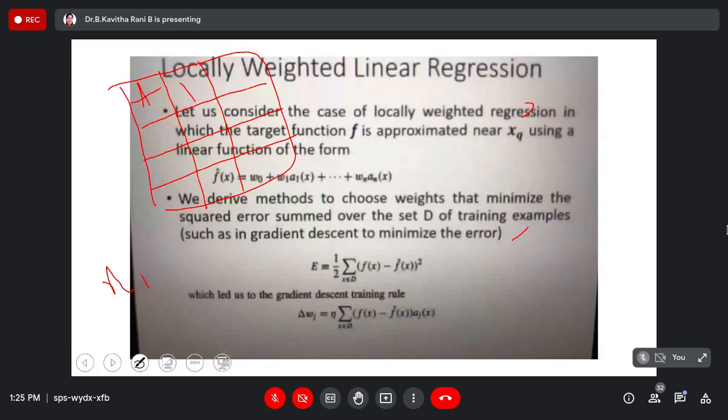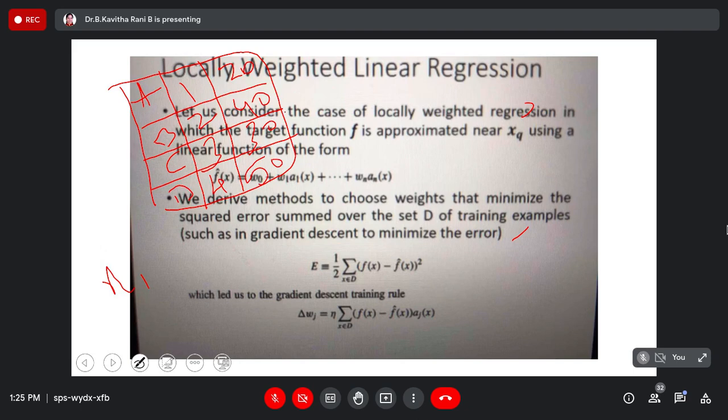B 2, and for the first instance the value is 20. For the second instance the value is 40. C 3, then 30. D 4, 50. So likewise we are having some data.